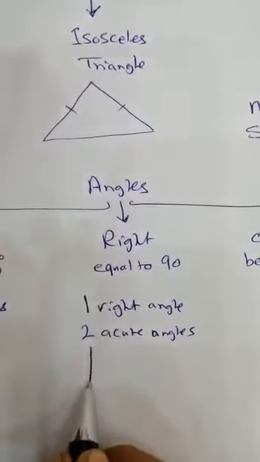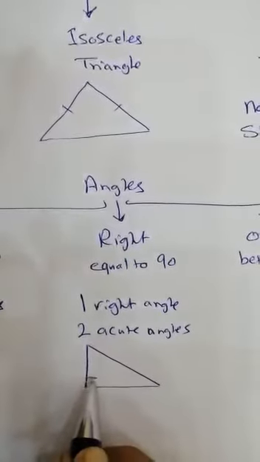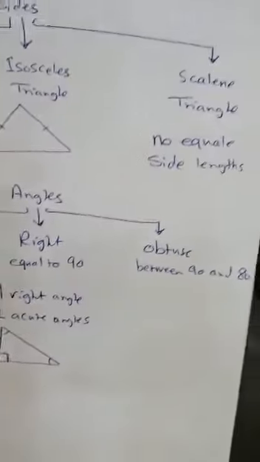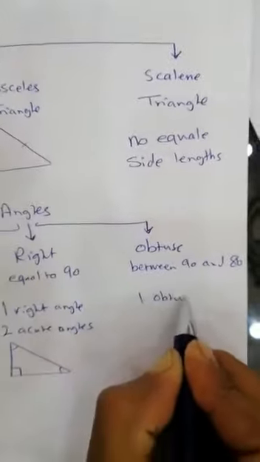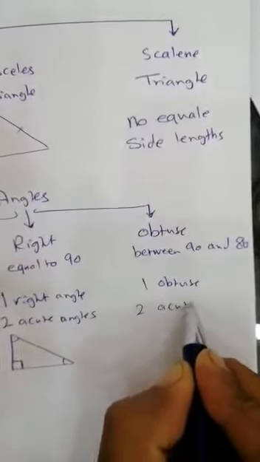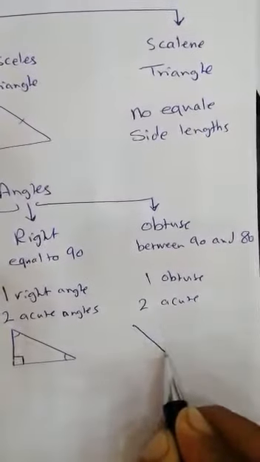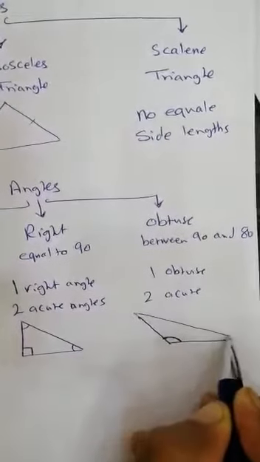For example like this triangle, here it's right and the other angles acute, okay? Now obtuse, that means there is one angle obtuse and the other angles acute, okay? This angle is obtuse and the other angles acute, okay?